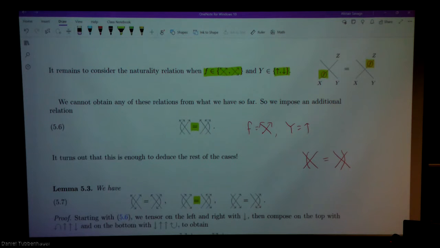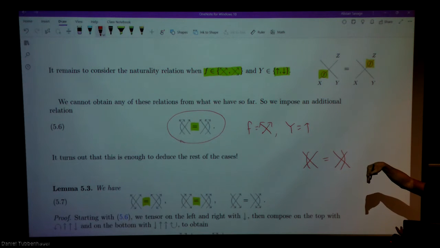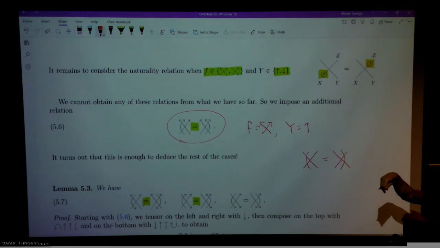I'll go through the details of the first and the second, and the third I've written up, but I won't discuss here because it's similar. The idea is that we take the one that we imposed, and we use cups and caps to start rotating this relation around, and maybe apply some crossings to top and bottom to move the strands around.